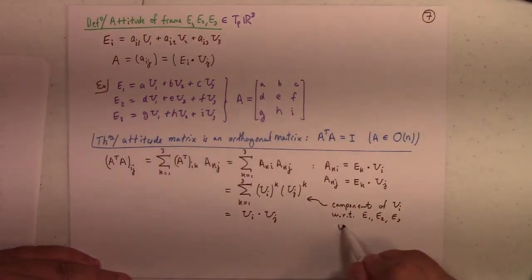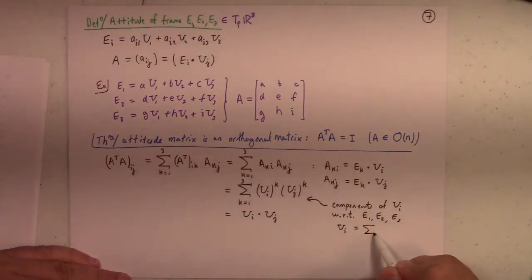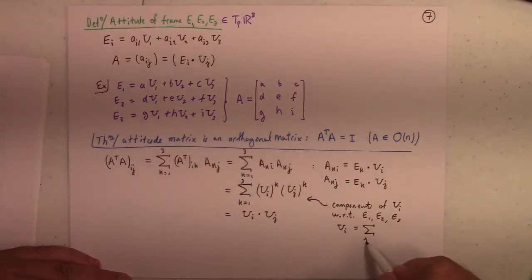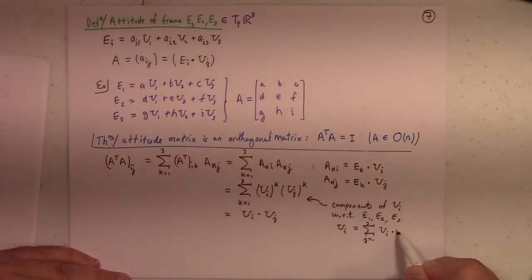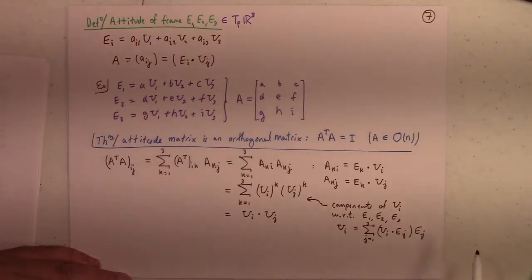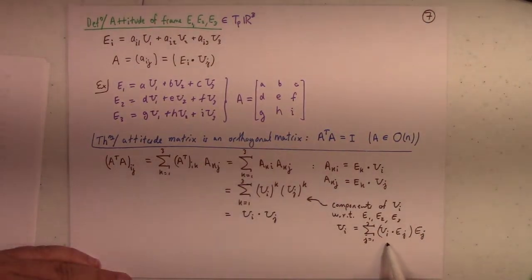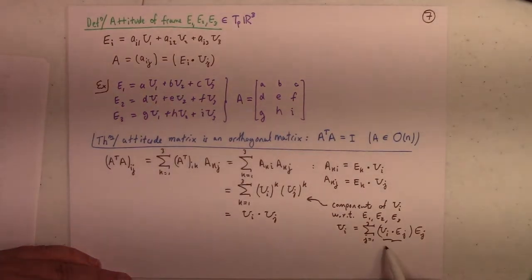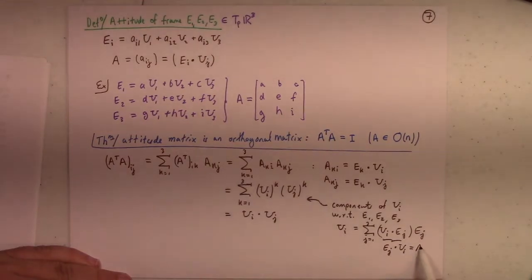Like, you know, U_i is equal to a sum, j equals 1 to 3, of U_i dot E_j, right? And, well, those are exactly what? I mean, that's the same as E_j dot U_i, which is A_ji.